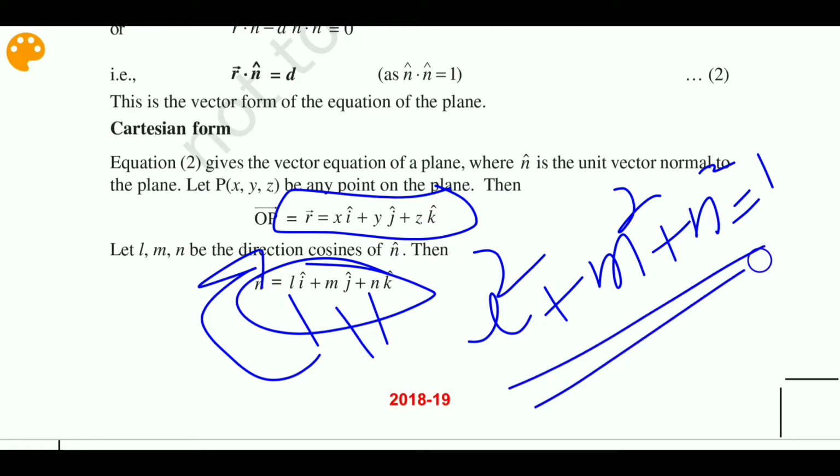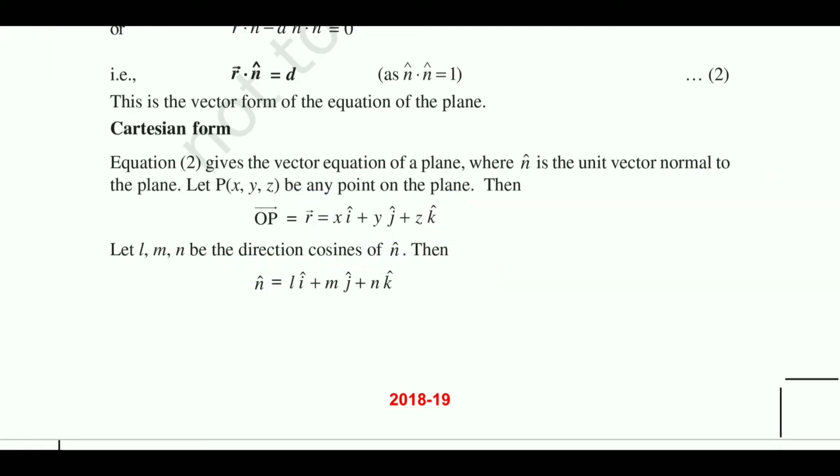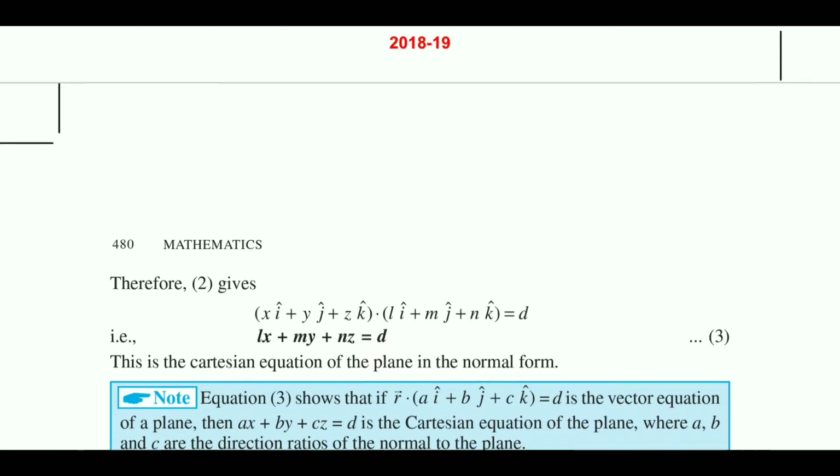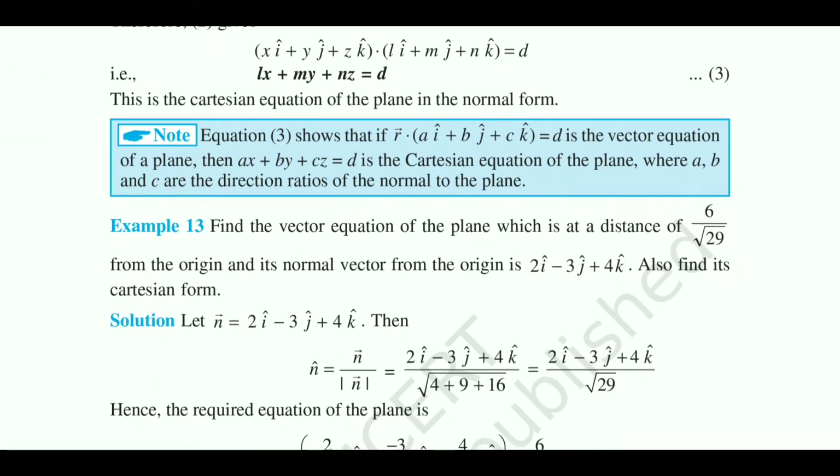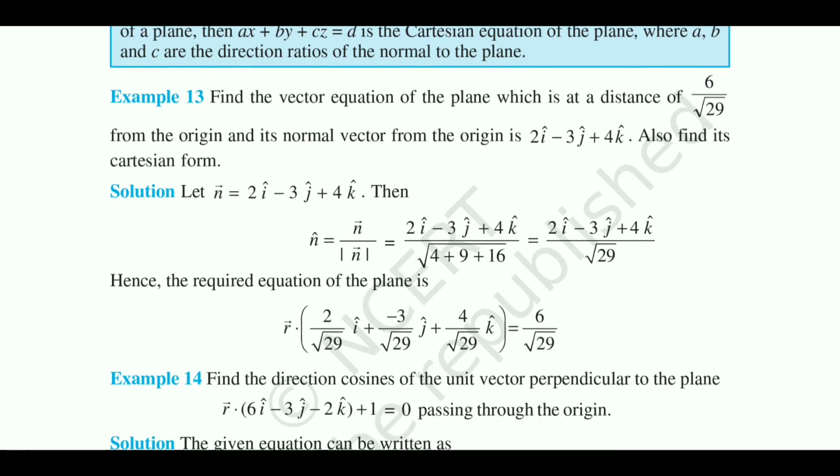The sum of the squares of the direction cosines equals 1. In Cartesian form this becomes lx plus my plus nz equals d, because l, m, n are the direction cosines, or otherwise the direction ratios in any normal case. So let's see question number 13.